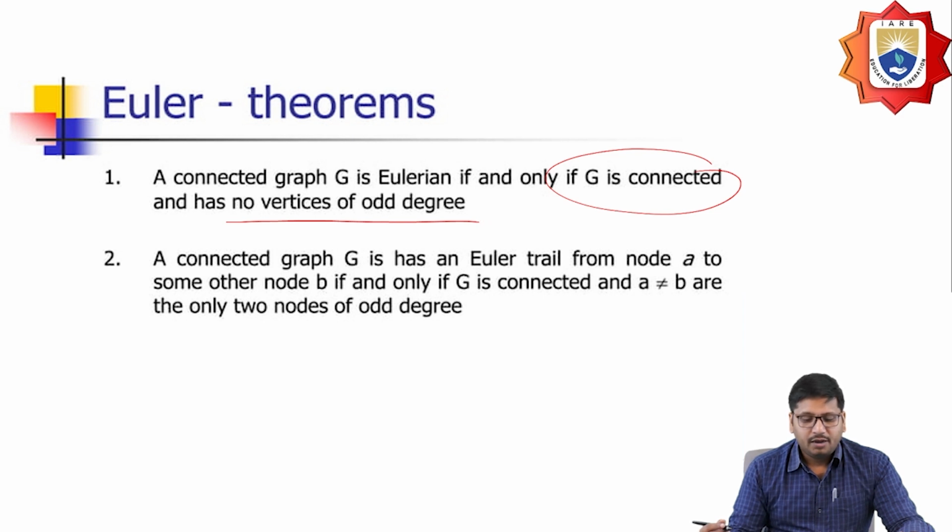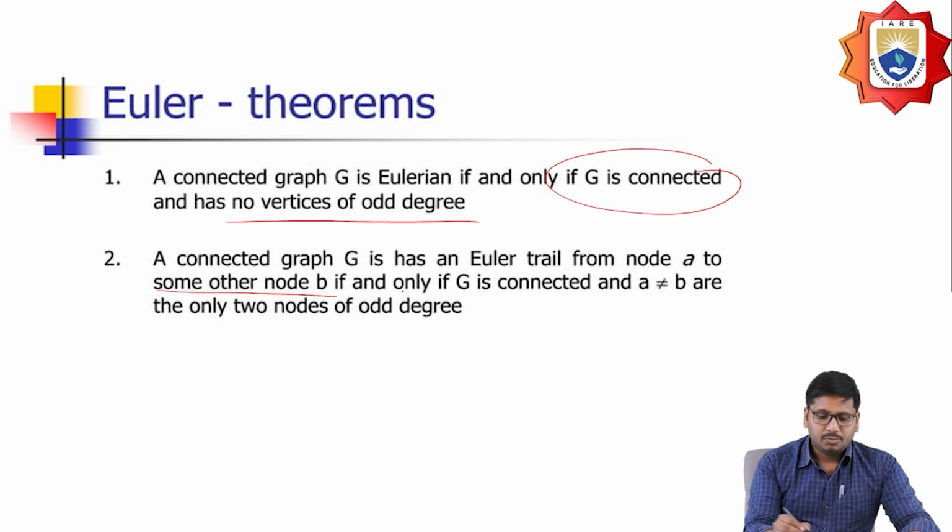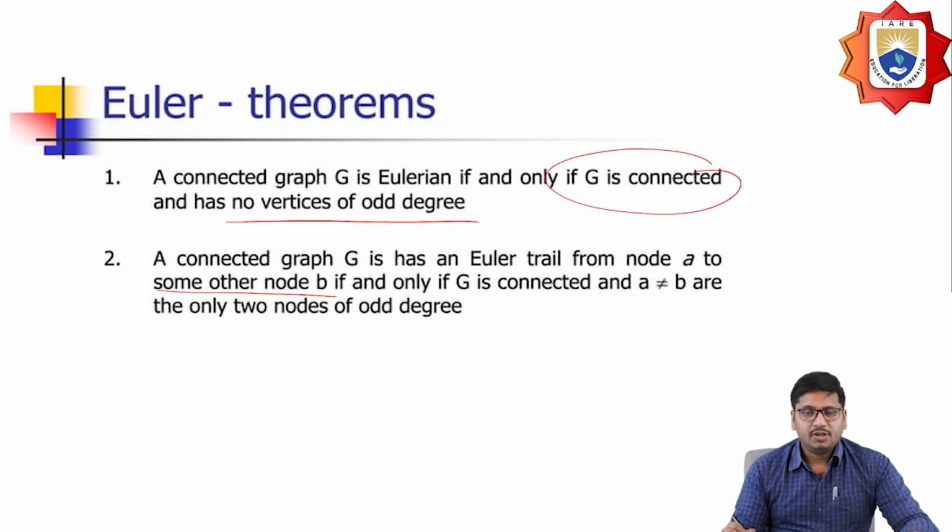A connected graph has an Euler trail from a node A to some other node B if and only if the graph is connected and A not equal to B are the only two nodes of odd degree.